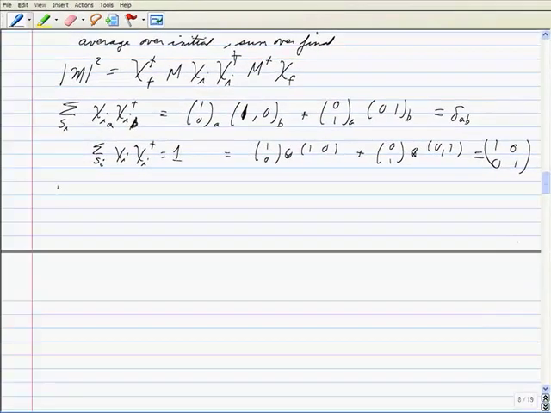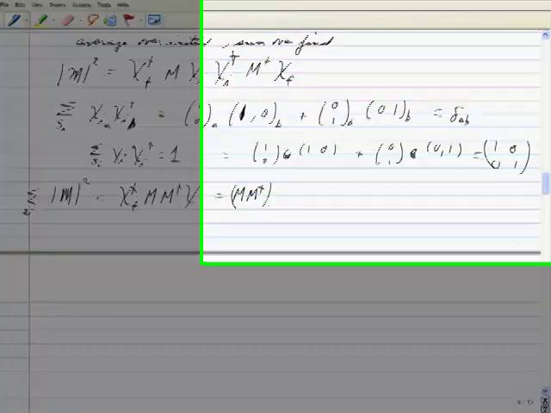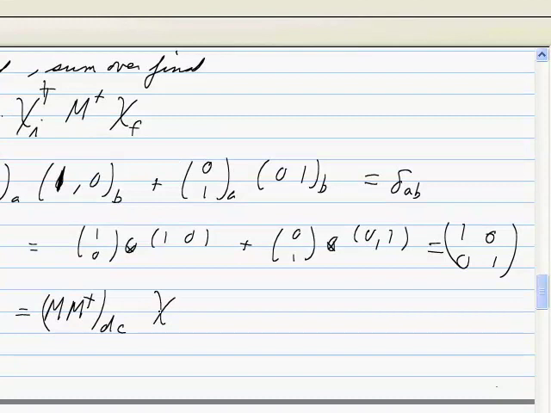So now we have M squared, sum over the initial spins has become chi dagger final M dagger chi, which is M dagger, chi chi dagger. Again, with this, we do the same trick again.